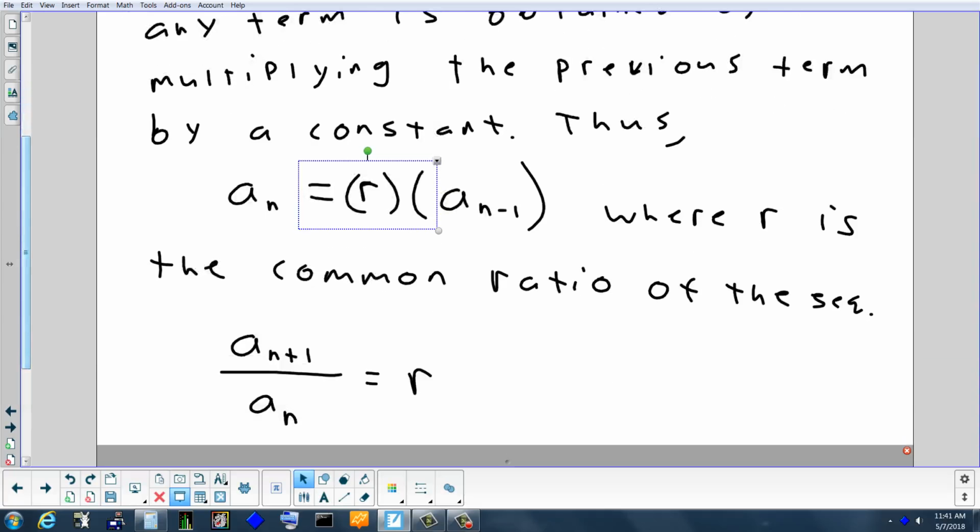And the common ratio is the term after divided by the term before. Same idea as the difference. So let's say this was my sequence.